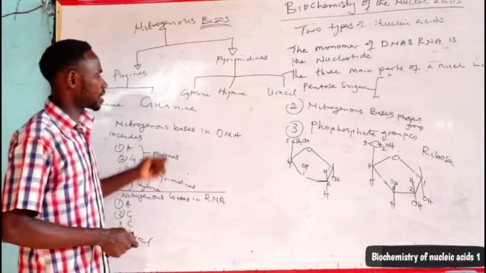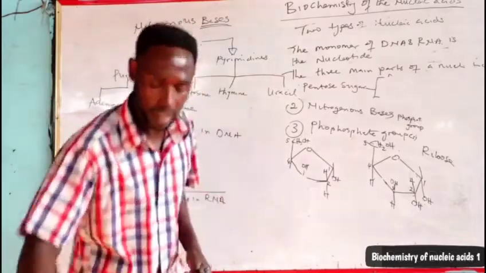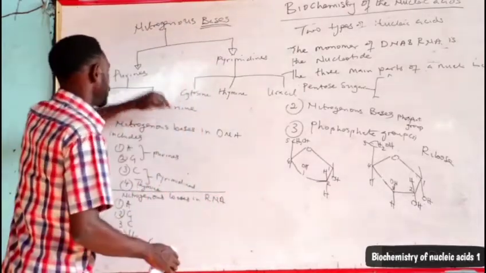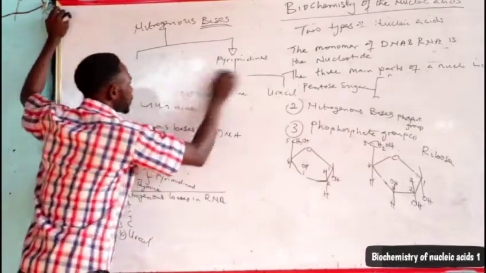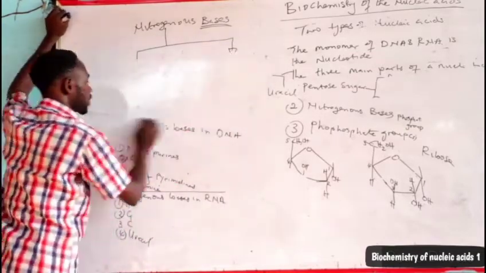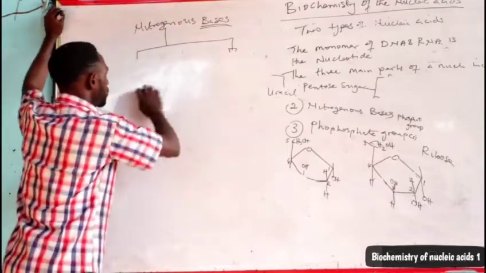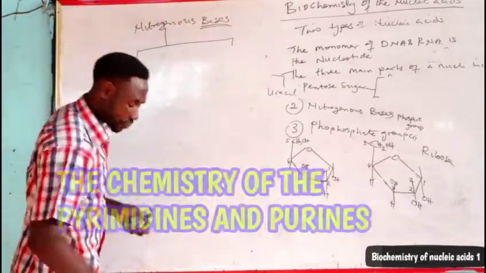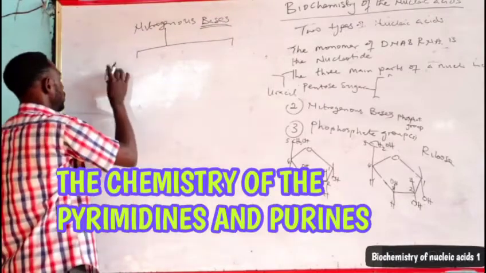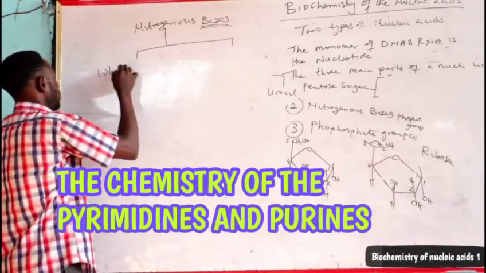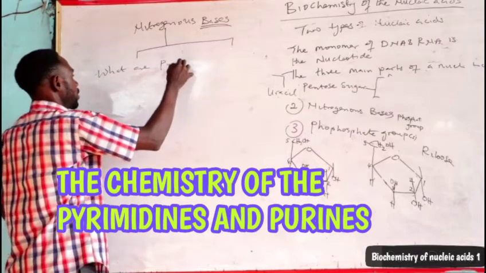So now at this base level, we go into detail in the biochemistry of these bases. First, when we say pyrimidines, what are actually pyrimidines? We will see pyrimidine and purines.